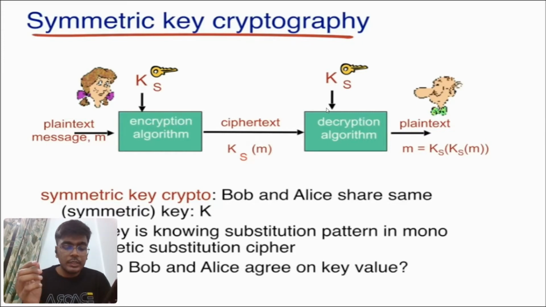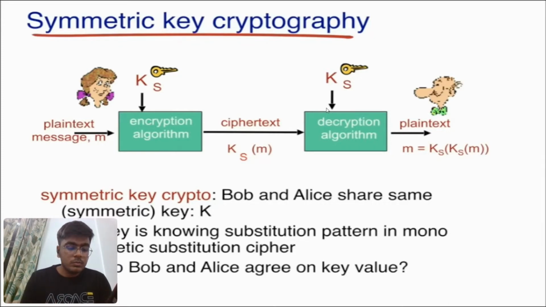Here, both the sender and the receiver have the same key, like Annie and Bob have the same key KS. So what Annie is going to do is she is going to send the message plain text M and encrypt it with the help of key KS, and Bob is going to decipher it with the help of key KS again.